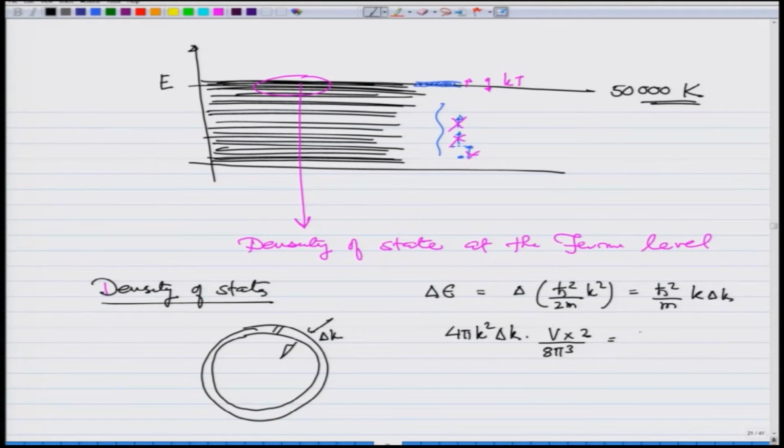This is the number of states including spin between k and k plus delta k, which I can write as delta n. This cancels the 2, 4 pi cancels with pi square, and this I can write as k square delta k V over pi square.